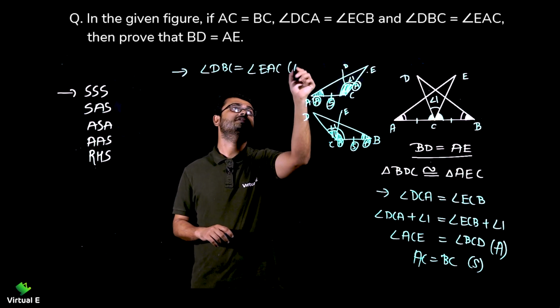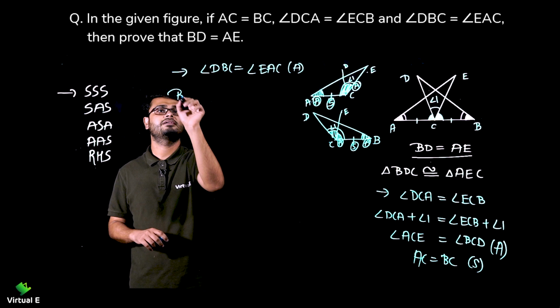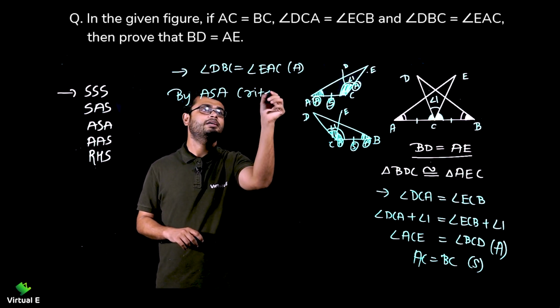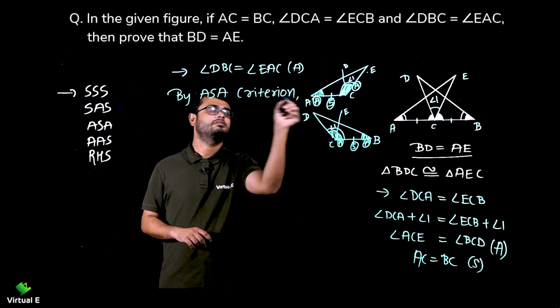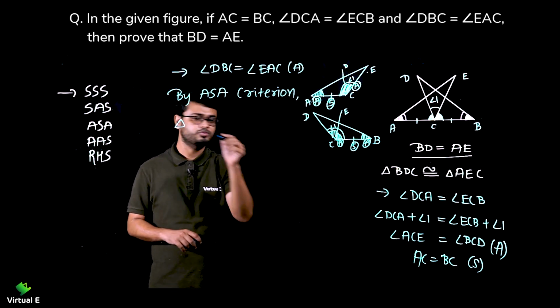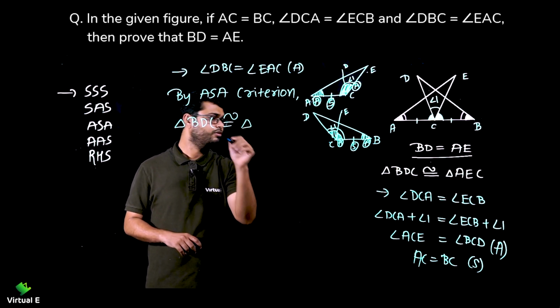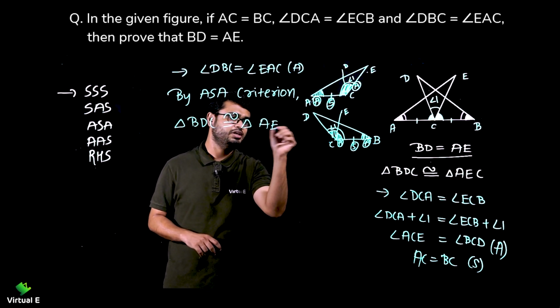So we are done. This is angle. So by ASA as a criterion, we can write the triangles which we want to prove congruent: triangle BDC is congruent to triangle AEC, right?